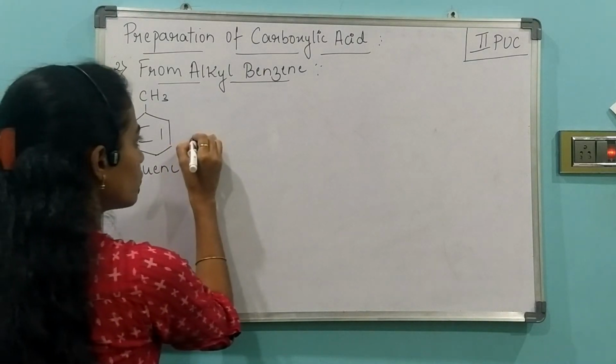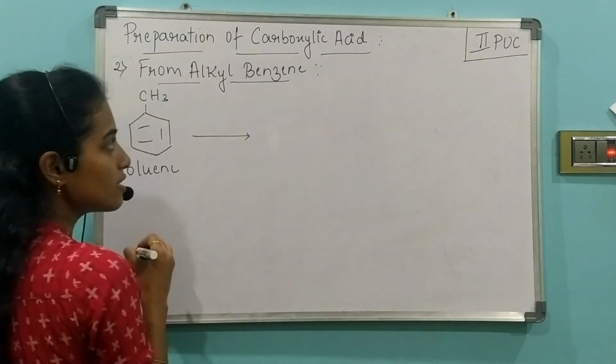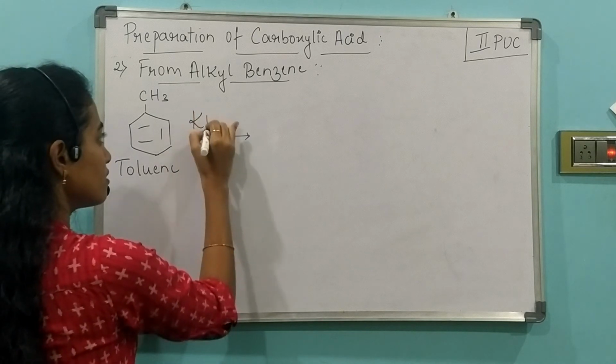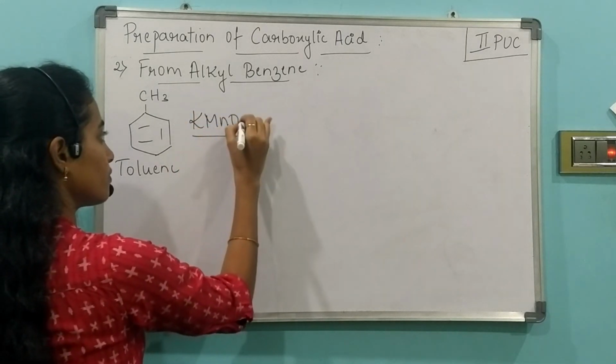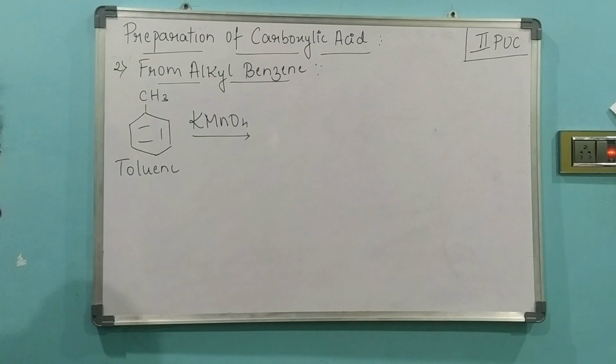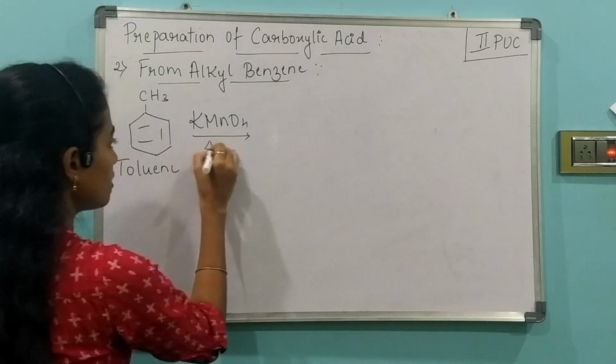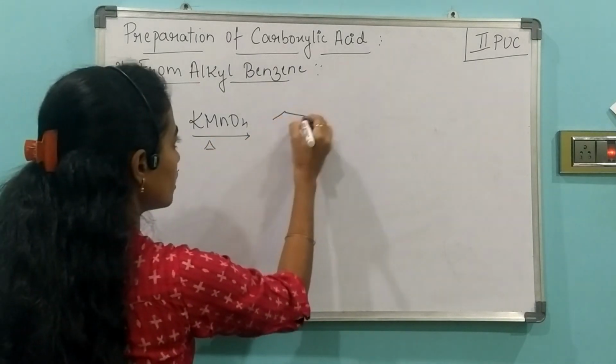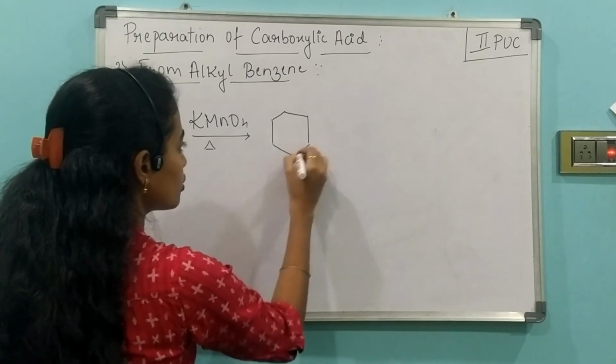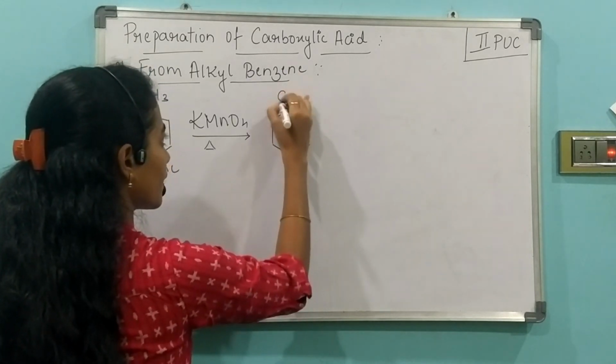So you will be converting it into carboxylic acid by treating the alkyl benzene with KMnO4, that is potassium permanganate. By using this oxidizing agent and by heating it, you will convert it into potassium benzoate.